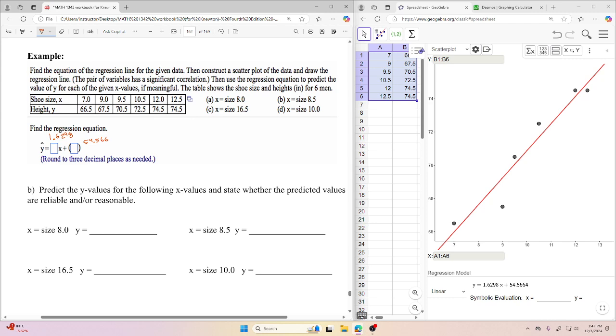Okay. And then it says predict. Well, I'm going to ask you, looking at these shoe sizes, which one would be outside of our zone? From all these predictions I'm going to have to make, which one would be outside? The 16? Yeah, that's way outside. They're stopping at 12 and a half. Yes, if it's outside of our zone of 7 to 12, basically, this is not in that zone.